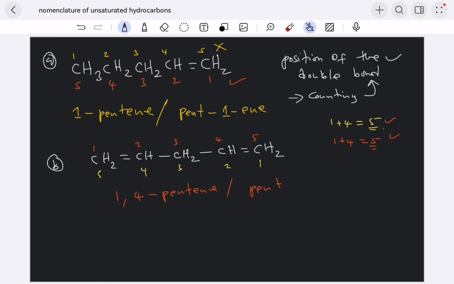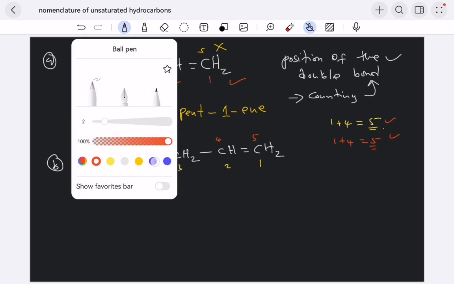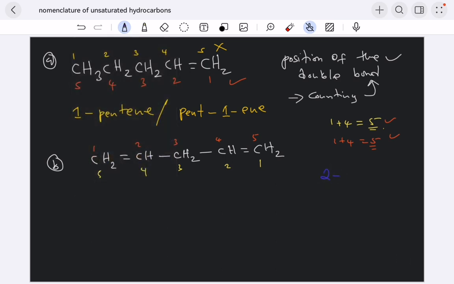Oh, now that reminds me. Allow me to erase this. So remember, we have 2 double bonds. This is very, very important to take note of. So when you have 2 double bonds, 2 in chemistry means di.